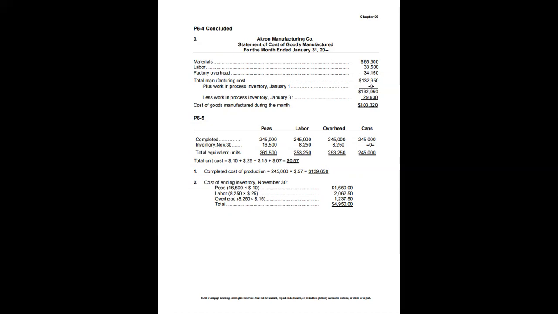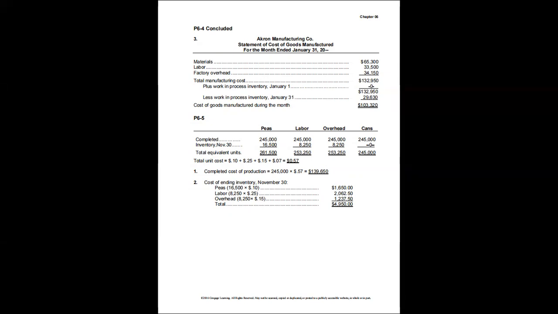And the company uses the weighted average cost method. For the month of November, the company showed the following. So we have piece completed and canned, piece in process at the end of November, 100% complete as to piece, 50% complete as to labor and overhead, and zero complete as to cans.